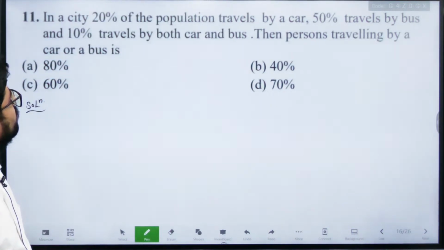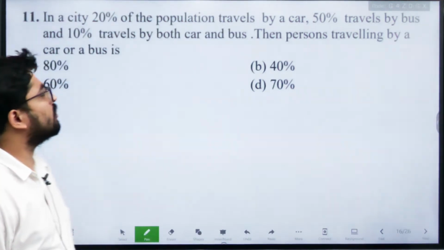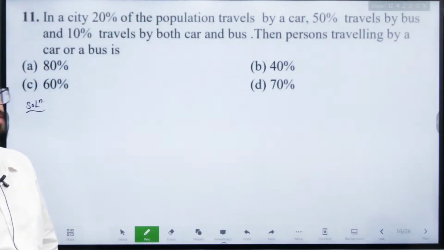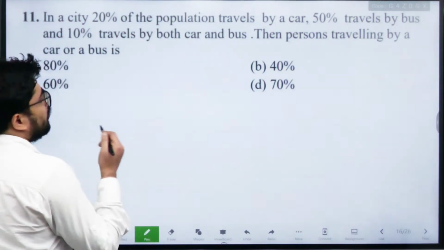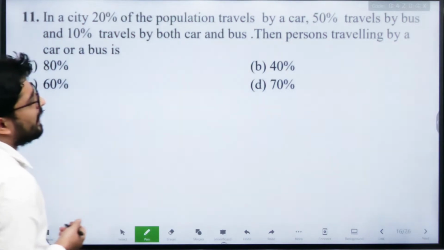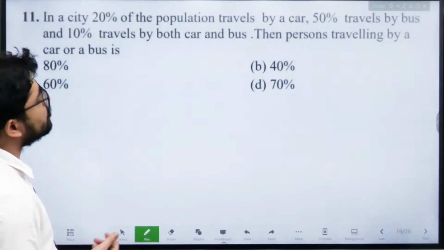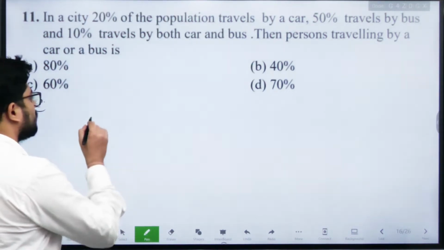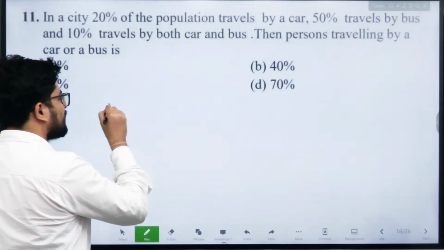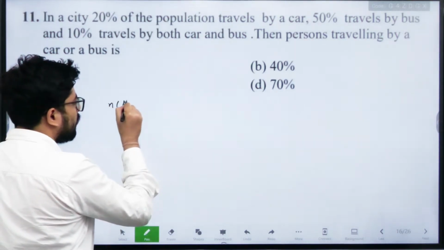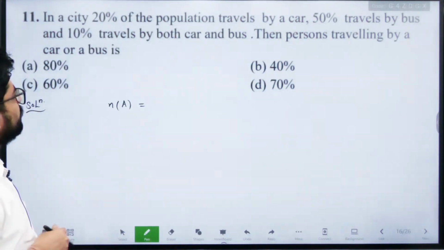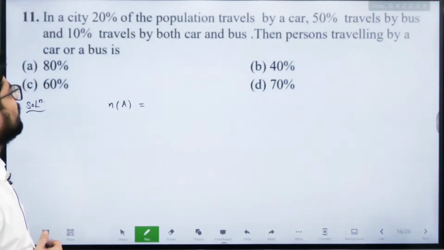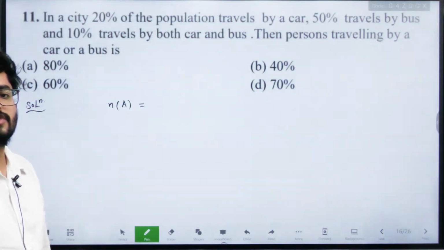So the total population is 100. You have to find persons who travel by car or a bus. Okay, so let's say A set is the collection of persons who travel by car, that is 20%. So 20% of 100 is 20.